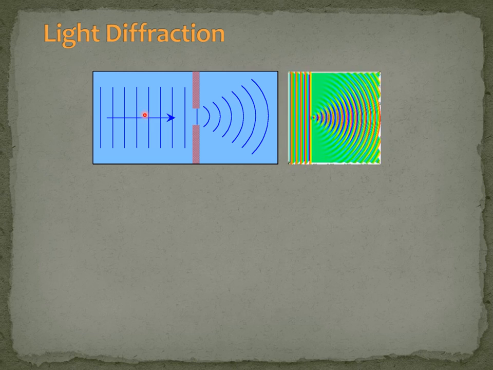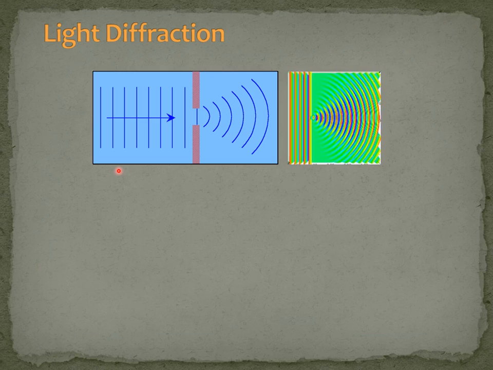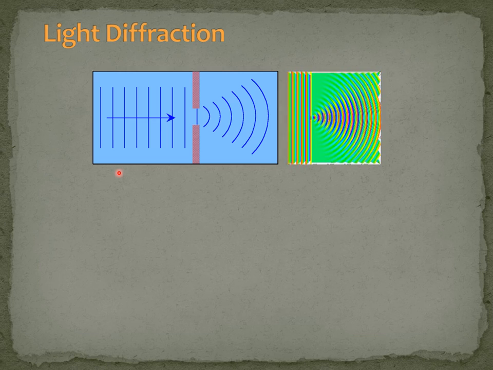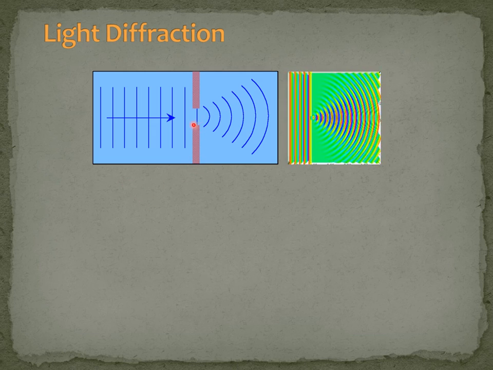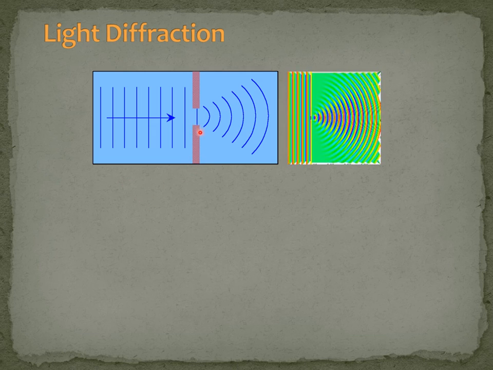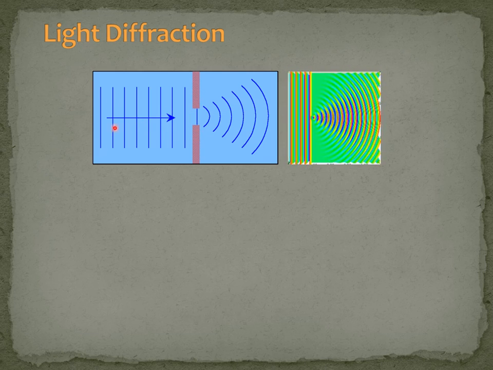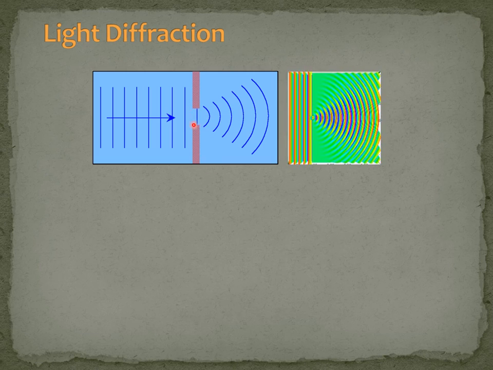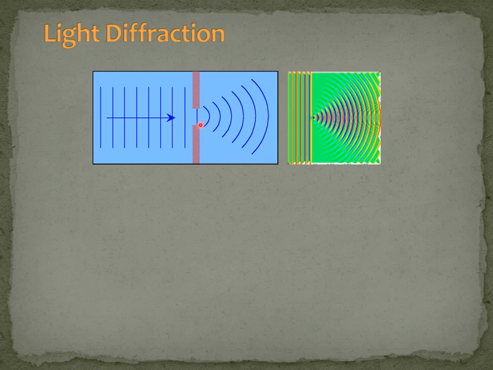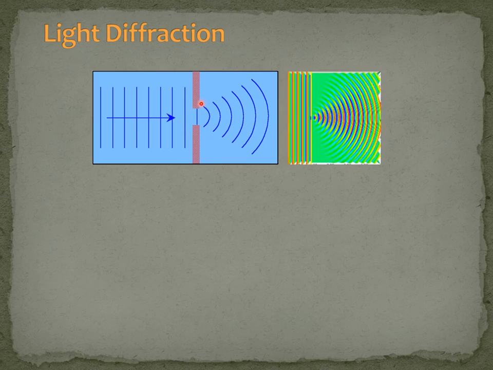So the physics is, there's another characteristic of light that we haven't mentioned yet, which is that light diffracts around corners. So when we make waves of light pass through one small aperture, a hole in this wall, light will bend around this corner and around this corner.